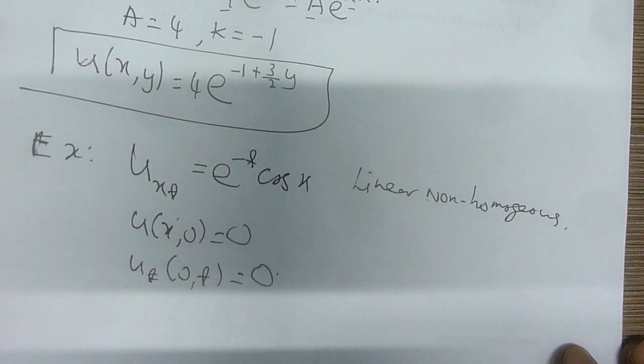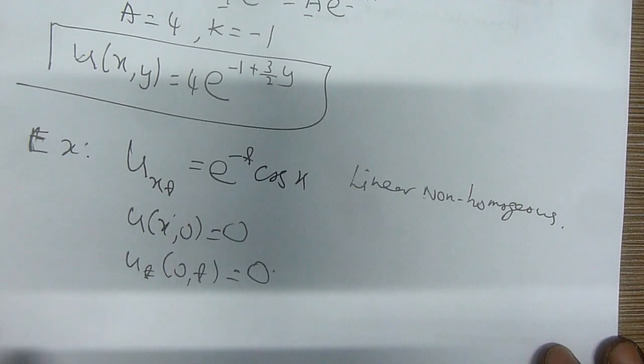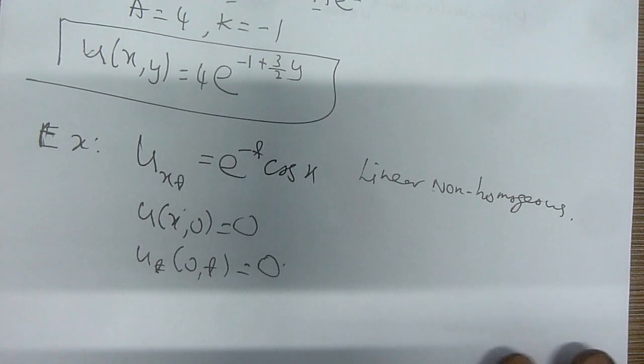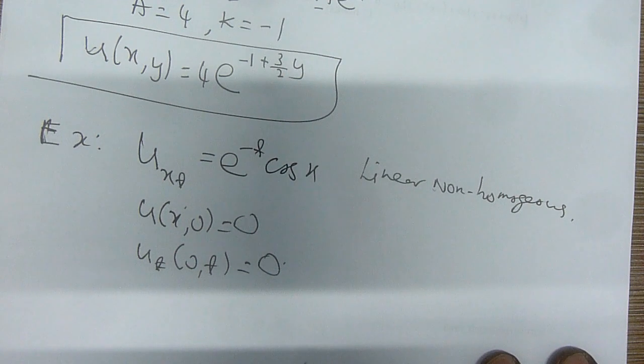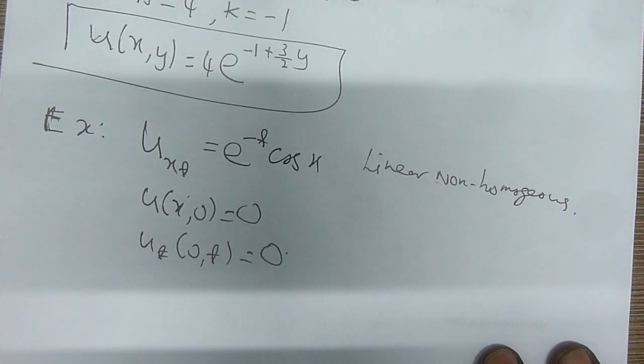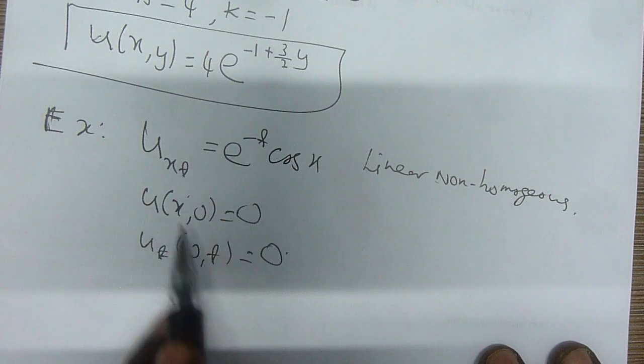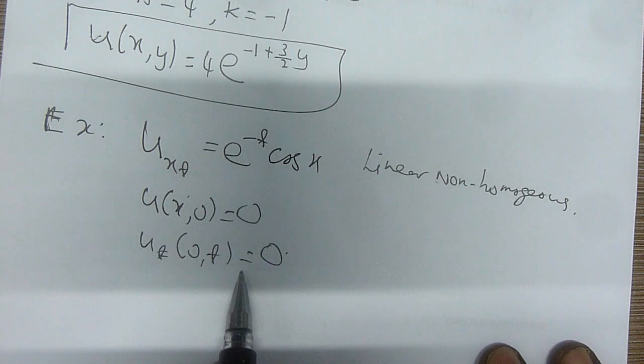Don't simply follow and quickly conclude. When you start with u = X(x)T(t), the separation method, definitely you won't be able to solve this problem. In this particular case, you need to use the direct method.